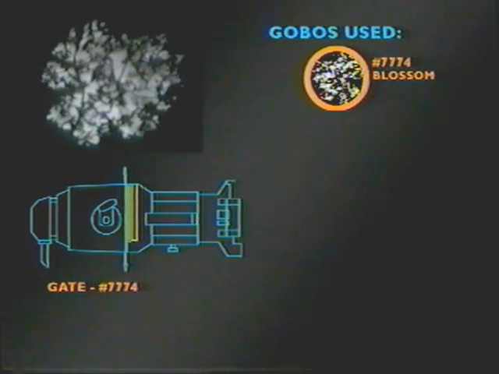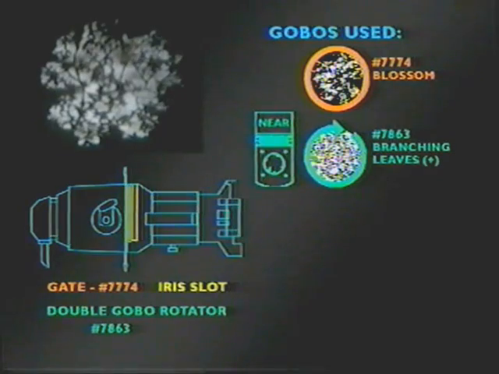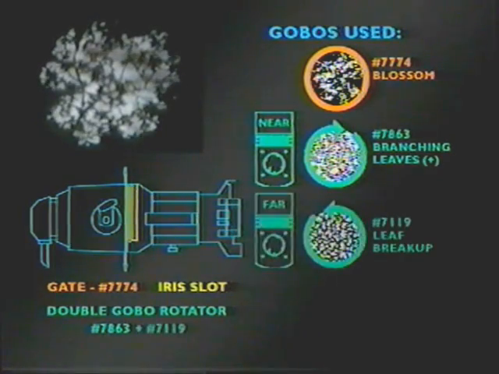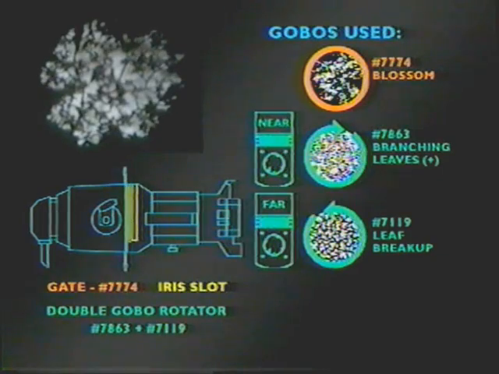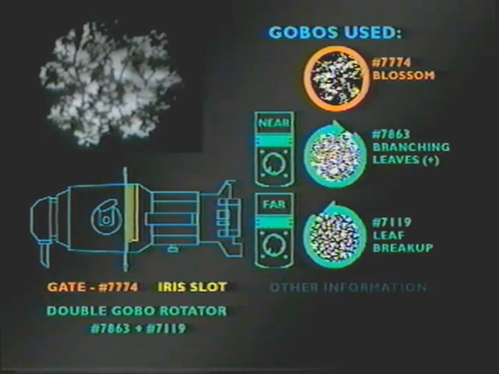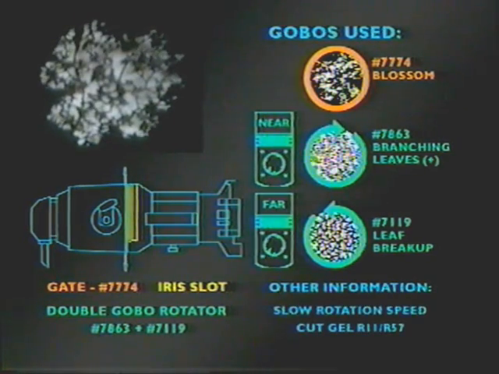Number 7774 Blossom is in the gate. Load 7863 branching leaves and 7119 leaf breakup into the double gobo rotator. Adjust focus until Blossom is the dominant image, while the other steel patterns make a soft, shadowed background. Rotate the patterns in opposition at varying speeds for different effects. We added color splits to give more definition to the projection.